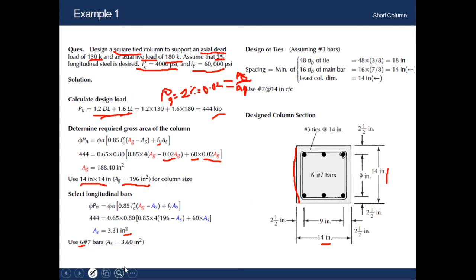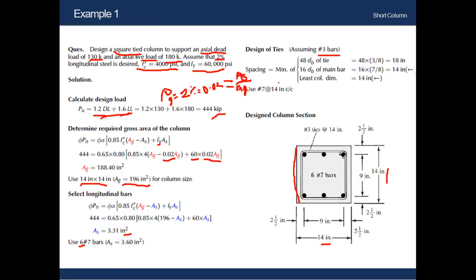Moreover, we need to use lateral reinforcement or tie bars. In order to design the tie bar, we need to remember 3 things, which are the minimum diameter of the tie bar and the minimum spacing. We know that for designing tie bars we generally use number 3 bar.